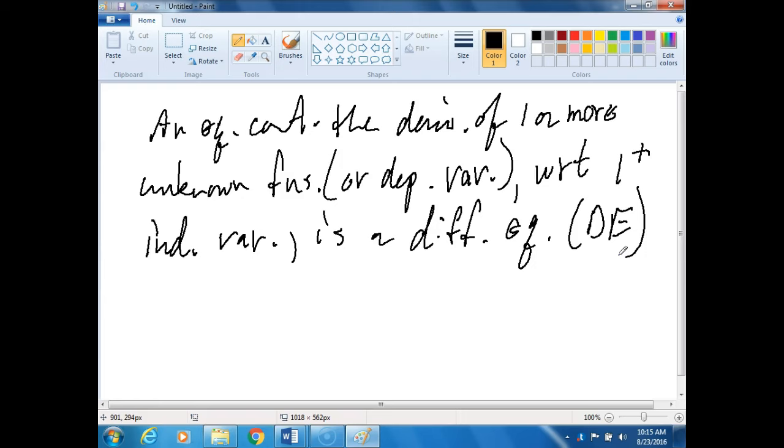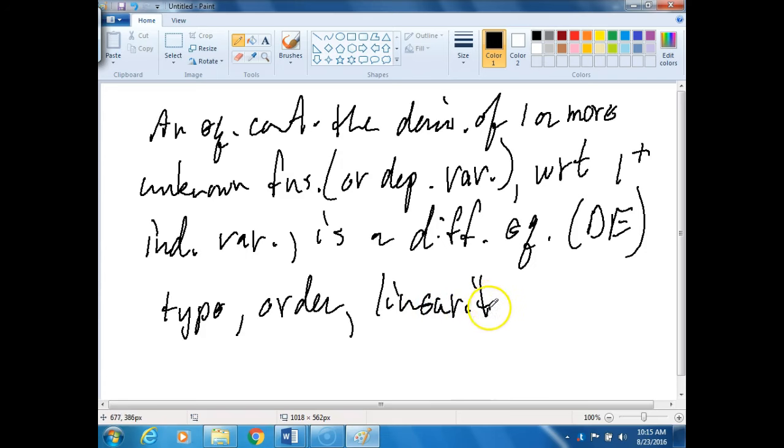To talk about them, we classify differential equations according to type, order, and linearity. 3 different classifications.